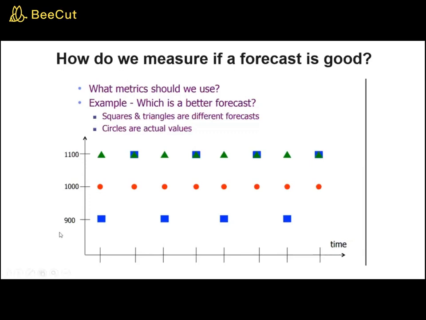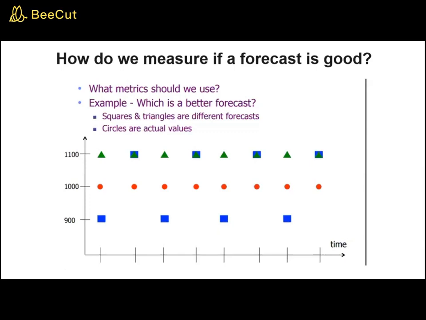Do you think a forecast of these squares is better, where sometimes you're predicting lower, sometimes you're predicting higher, and you see some sort of a zigzag pattern? Or do you think it's better to always predict higher than what is actually happening? That's something I want you to think about. What do you think? Which one of these situations is better?